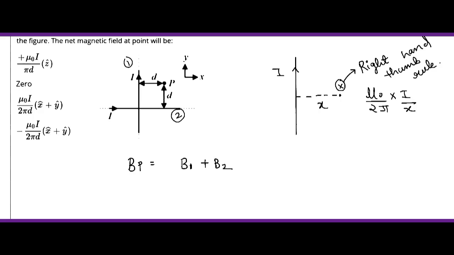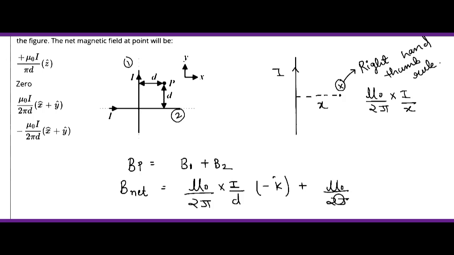So if we calculate B net, that is equal to B due to 1, which is mu naught upon 2 pi into current I divided by D, and the direction is into the plane due to wire 1, so we can say minus k cap, plus magnetic field due to wire 2, which is mu naught divided by 2 pi into I by D, and the direction is outwards from the plane, or we can say plus k cap.